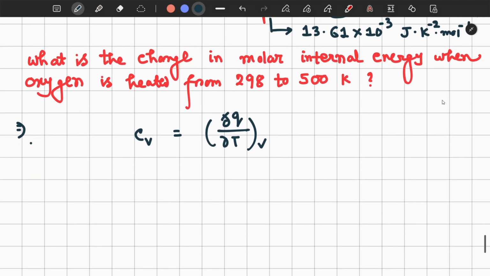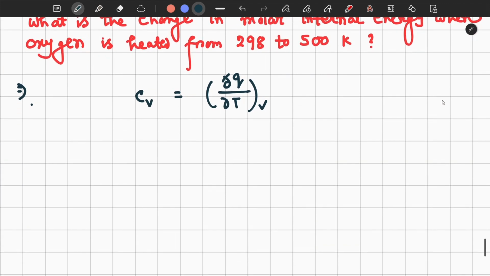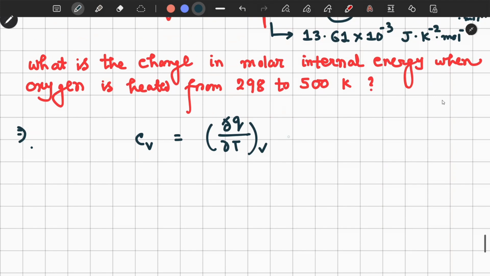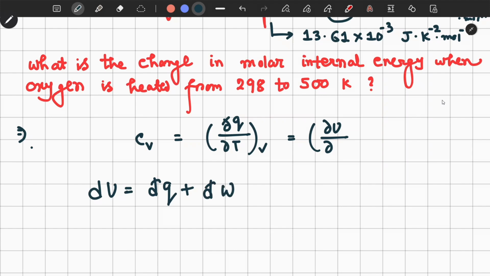If you remember, for the ideal gas you can write it like this. Otherwise, dU is d cross w, and d cross w, if there is only mechanical work, is pdV, and if it is constant volume, then it will be d cross q.